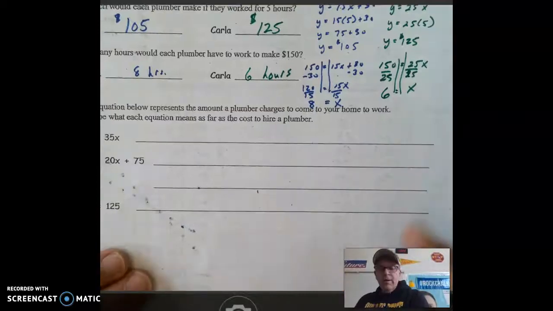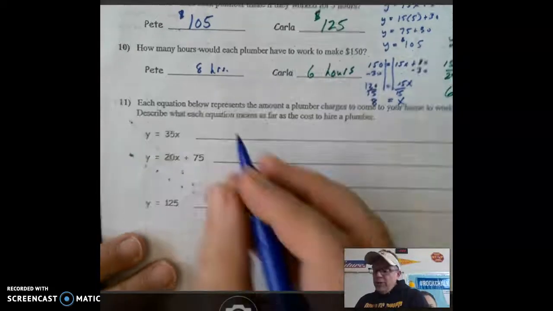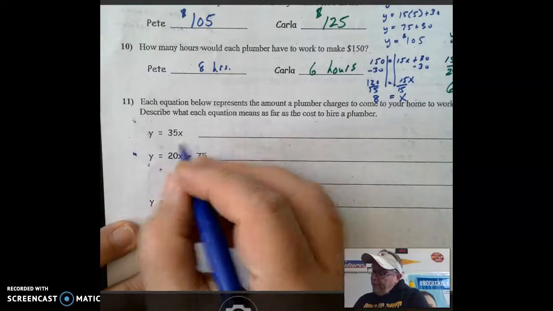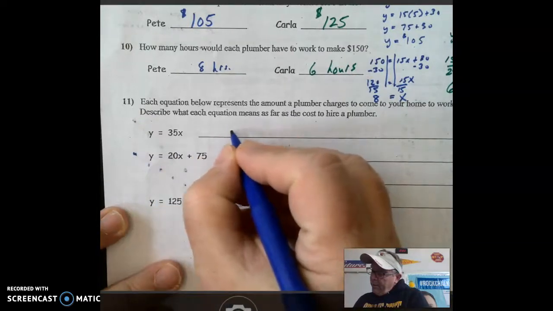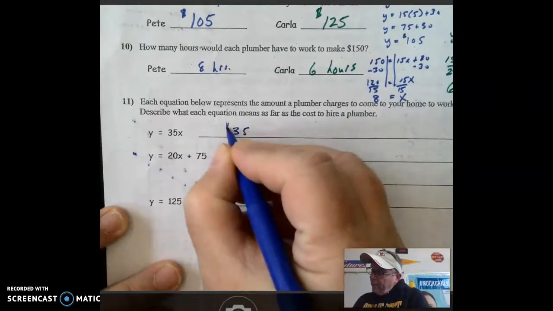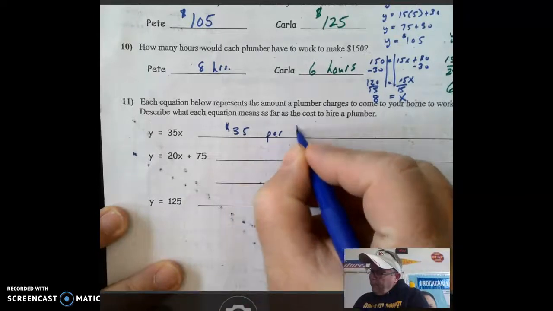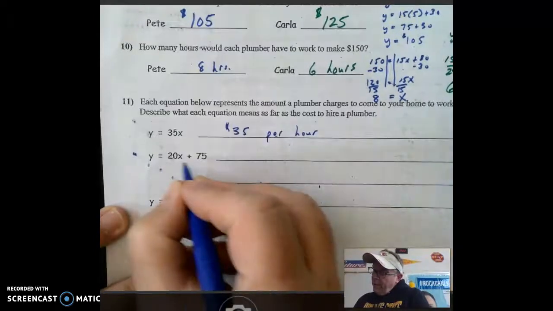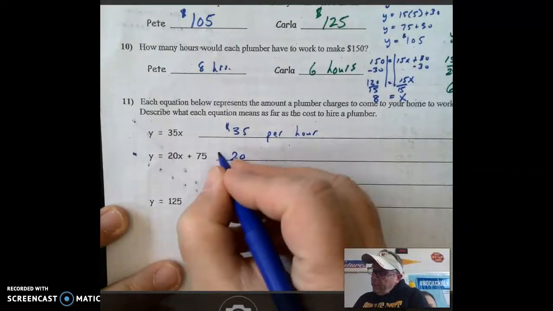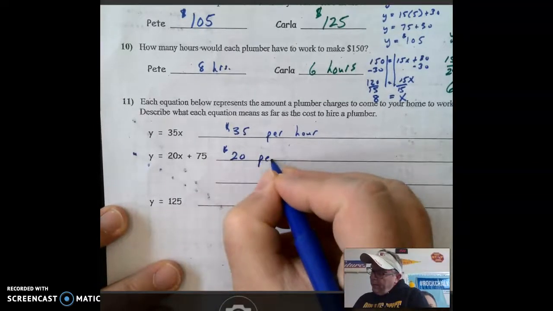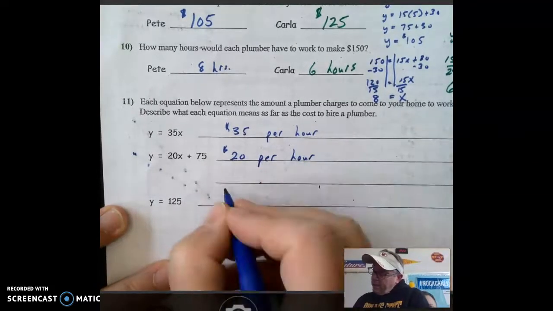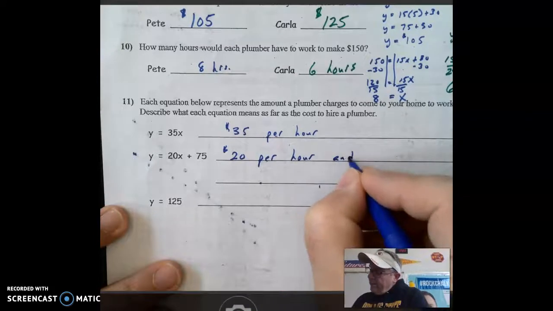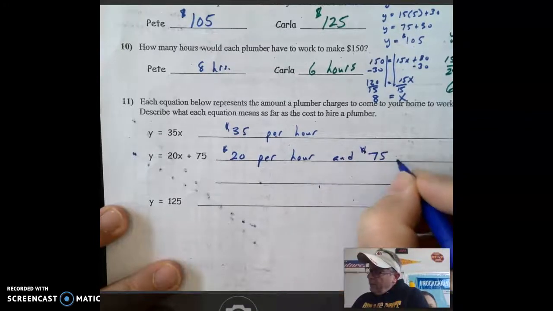Okay, here's our last one. So if this was our equation, y equals 35x, then you and I know that that would be $35 per hour. y equals 20x, $20 per hour, and $75 to show up.